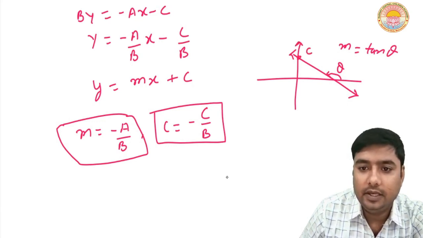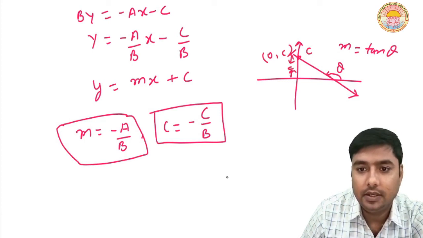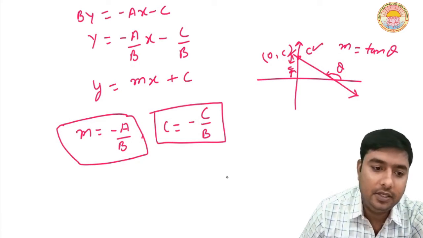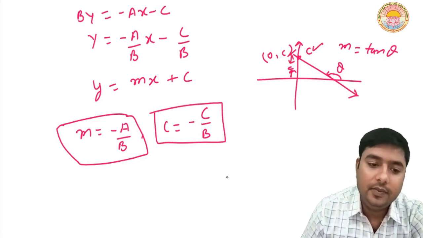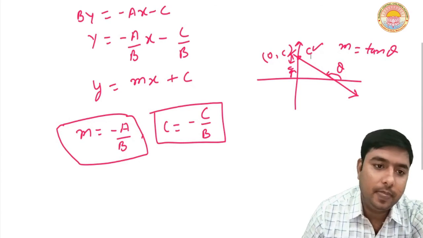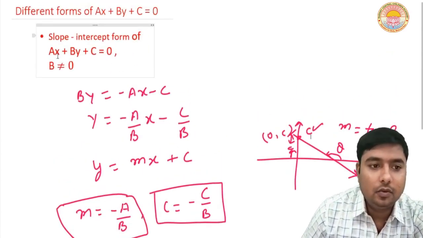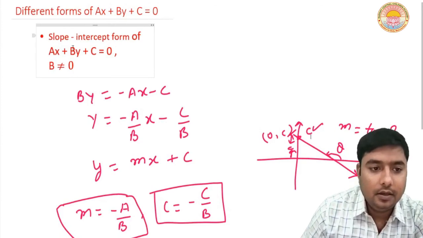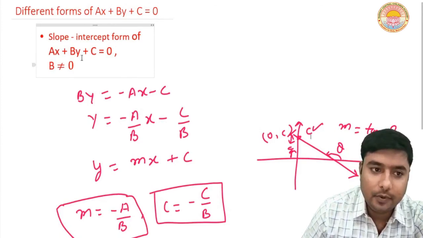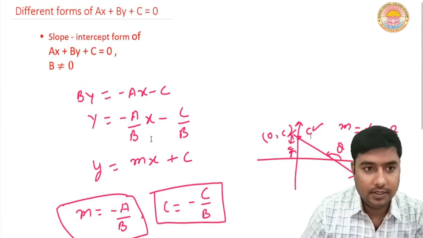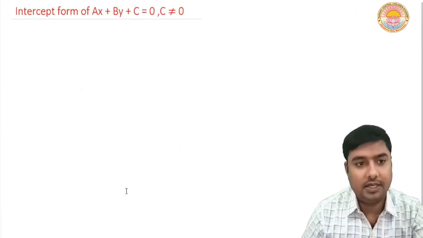What is the coordinate? 0 comma c, if this distance is c. So c is the intercept and m is the slope of the line. The slope of the line is minus a upon b, that is, negative coefficient of x upon coefficient of y. This is called the slope of a straight line.